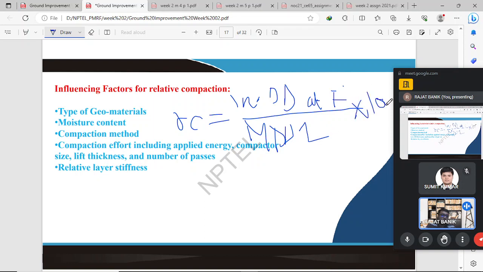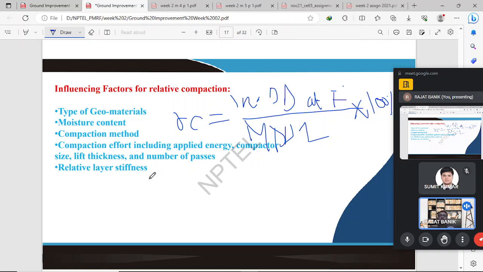That means how much the ground is compacted with respect to the maximum dry density of laboratory testing. Laboratory testing means standard Proctor test or modified Proctor test. This relative compaction is very important for ground improvement techniques or shallow compaction in the field.